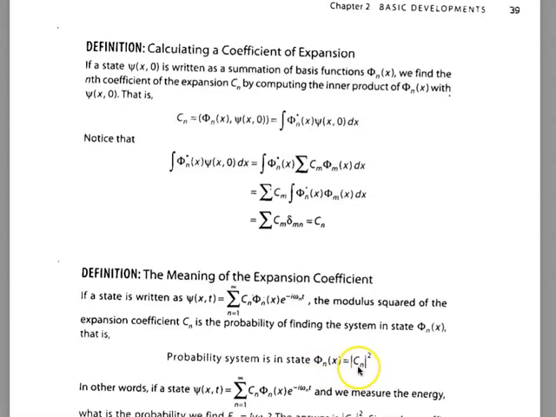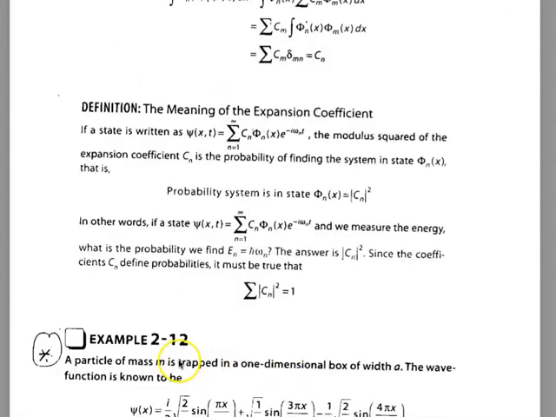And the magnitude of c sub n is always going to be between 0 and 1. If the system is exactly in one of the quantum states, then c sub n is 1. But if it's in some combination of them, then the sum of the squared c sub n's has to add to 1.